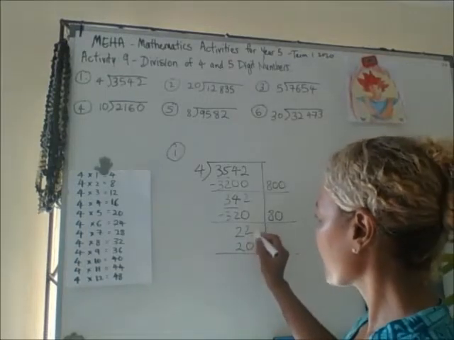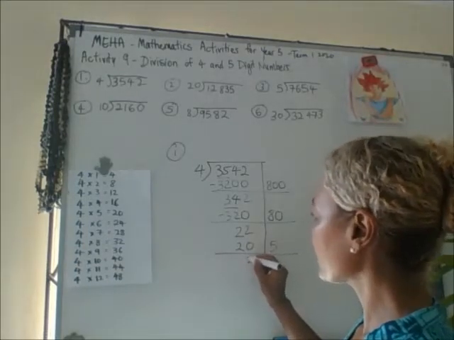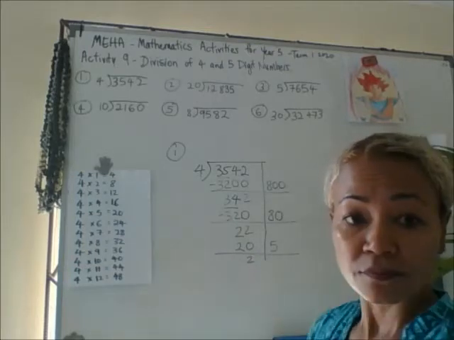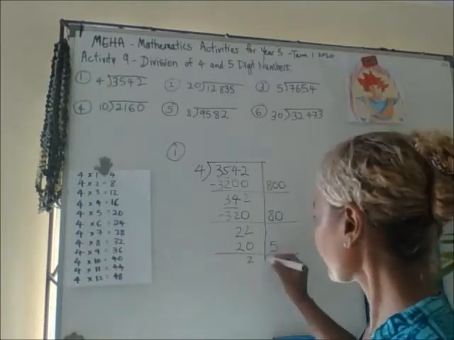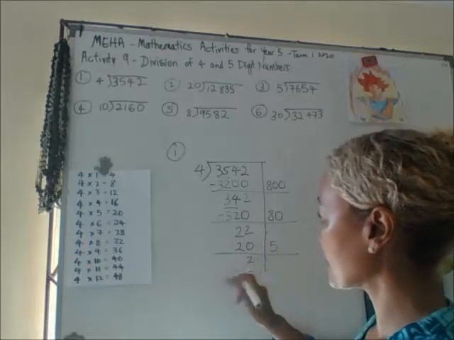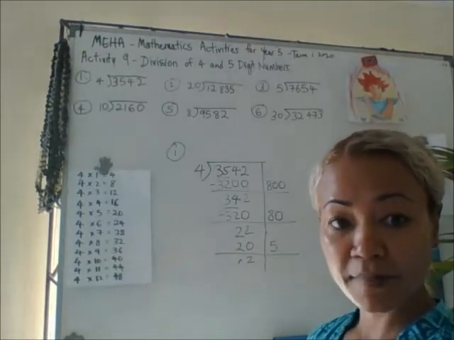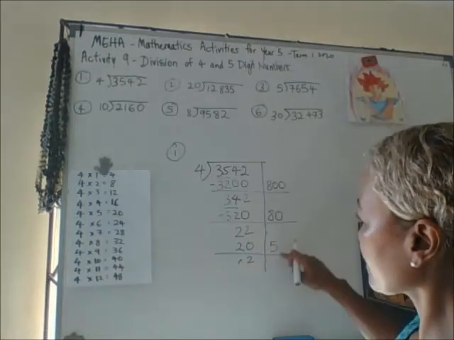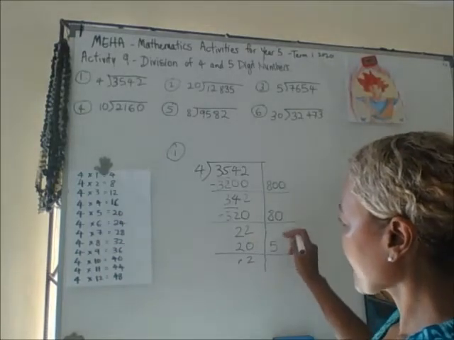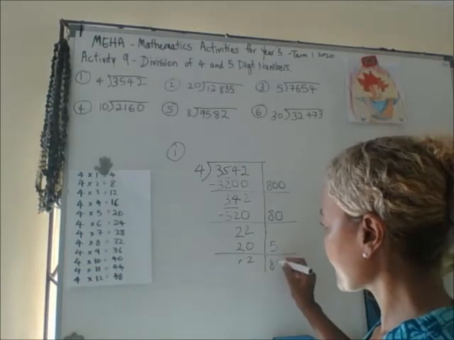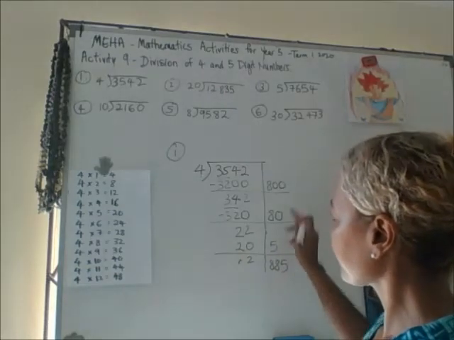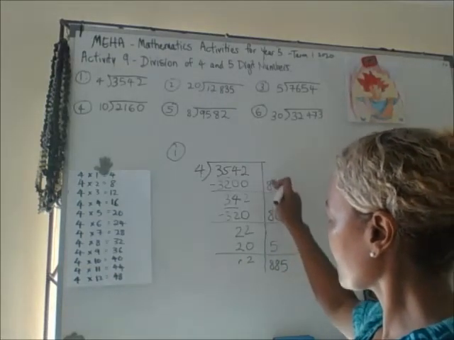Fine. 2 minus 0 is 2. Can 4 go into 2? No, you can't. The number 2 is too little. So now you know you have a remainder of 2. You add down this, 885. 8, 8, 5. Ones column, tens column, hundreds column.